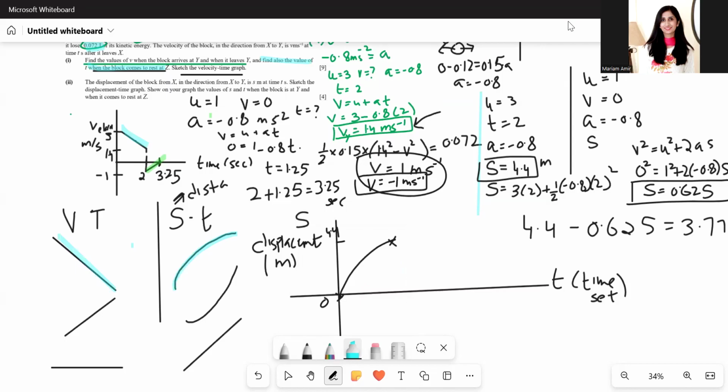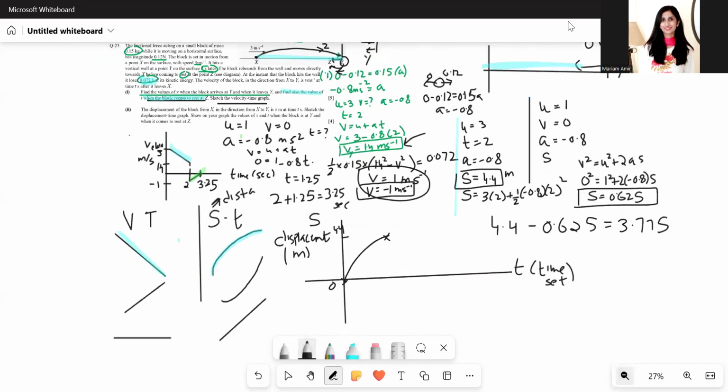Okay. Then the displacement drops, and the final displacement was 3.775. Yes, so we will be needing that here. So bring the graph down to 3.775. I did not enter the times here. This time is 2, and this time is 3.25.